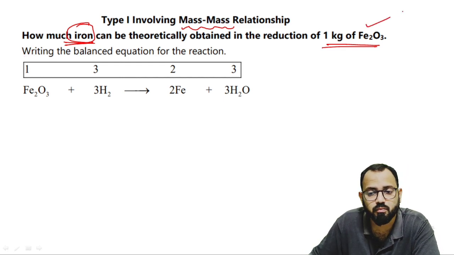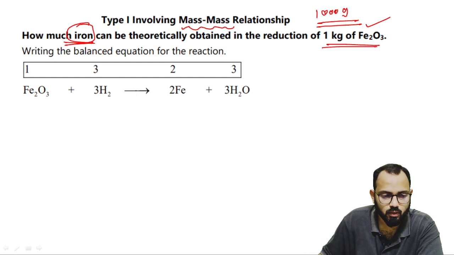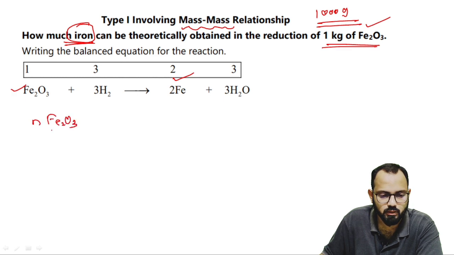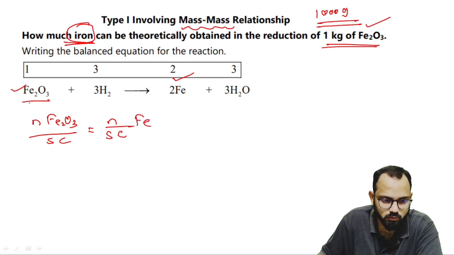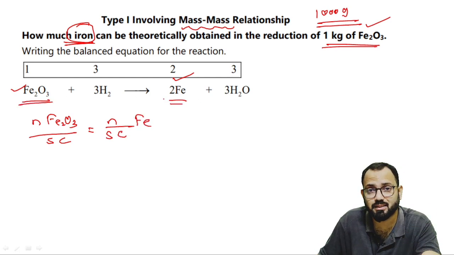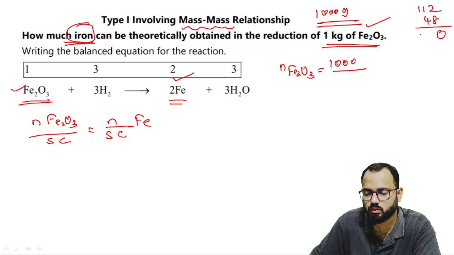What they have given? They have given Fe2O3. Fine. 1 kilogram of Fe2O3, I can convert that into 1000 gram. Fe2O3 is given. Fe they are asking. N of Fe2O3 by stoichiometric coefficient is equal to N of Fe by stoichiometric coefficient of Fe. They have given this one. They are asking this one. So we are equating these together. And I wanted to find out the number of moles of Fe2O3. So given mass is 1000 gram by molecular mass: Fe 56 into 2 is 112 plus 48, that's going to be 160.